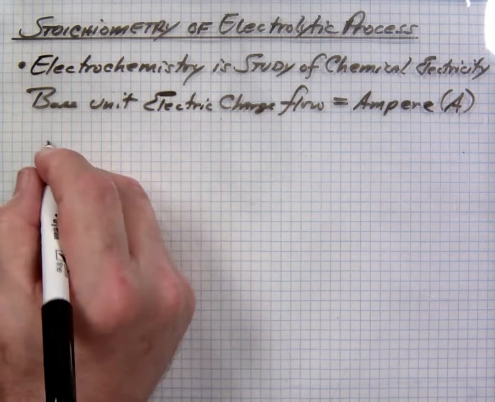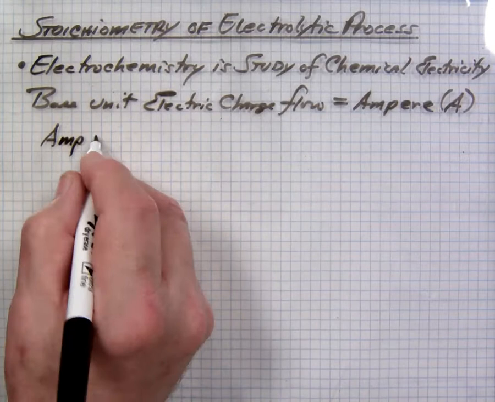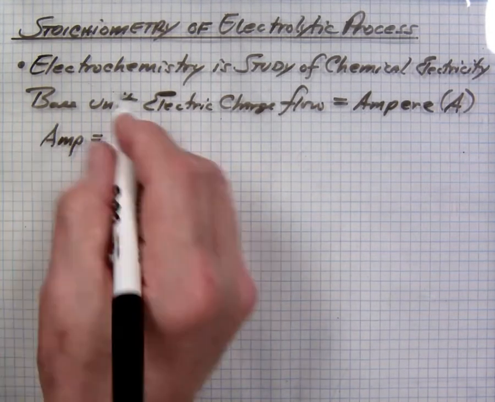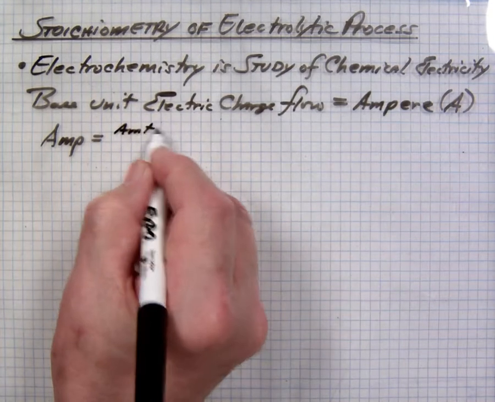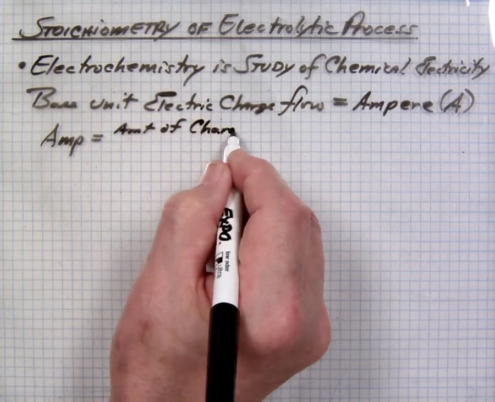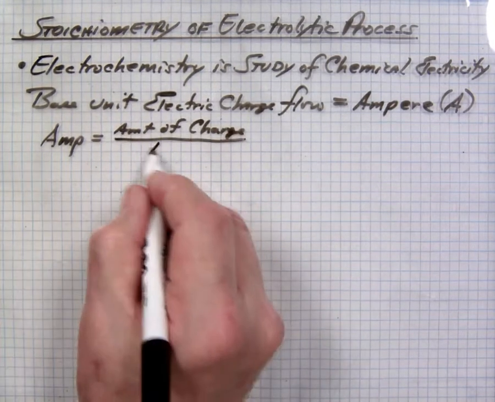And the amp, in short, is the rate of charge flow, or the amount of charge flow passing a point per unit time.